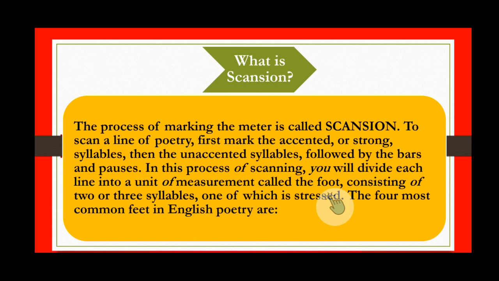If in a foot we have 2 syllables, 1 will be stressed and 1 unstressed. And if in a foot we have 3 syllables, 1 will be stressed and 2 unstressed. You can see here 2 or 3 syllables, one of which is stressed.